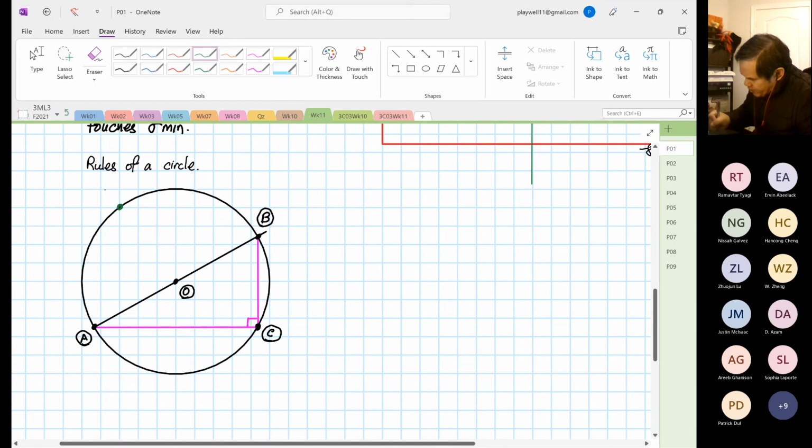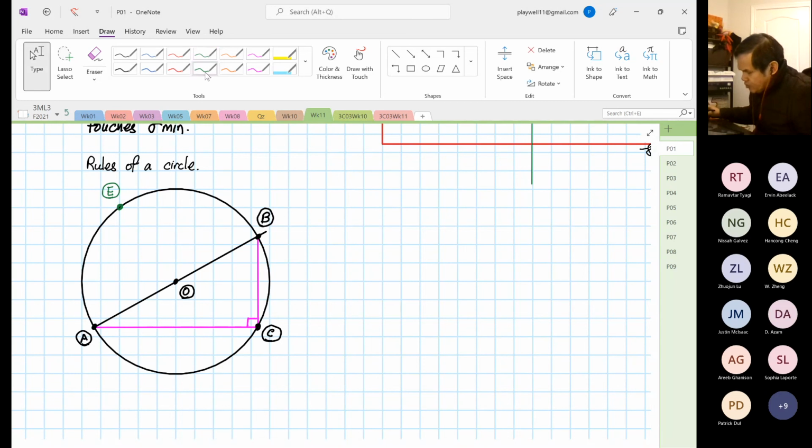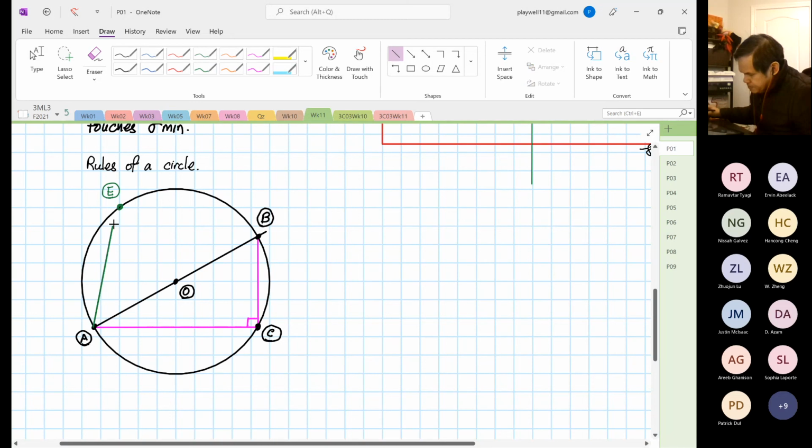I call this point E. Now I do the same thing, drawing from point A to point E, and then down here to point B. If you were to guess, the angle over here is still going to be 90 degrees. So that is the first rule of the circle.